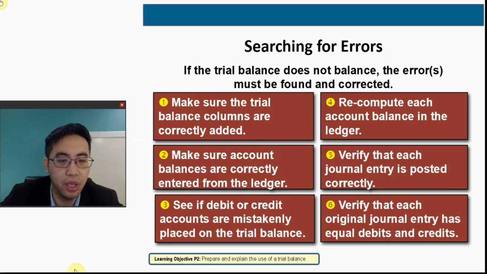Also see if the debits and credits are put in the right place. Did you put a credit in the debit place or vice versa? Then recompute each account balance in the ledger, doing everything over again. Then do the verification again, making sure the debits equal the credits in sum.